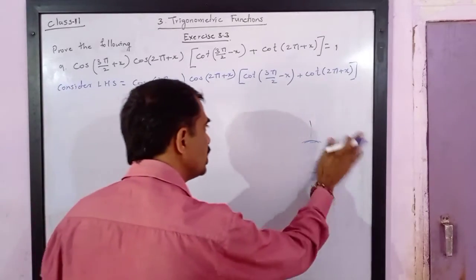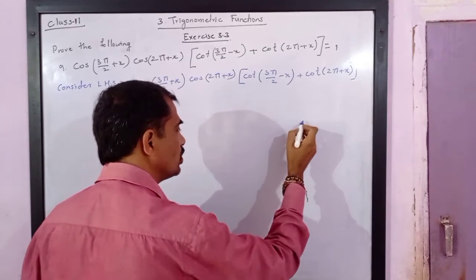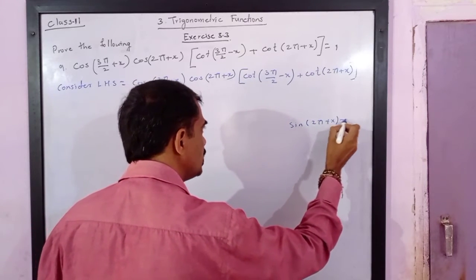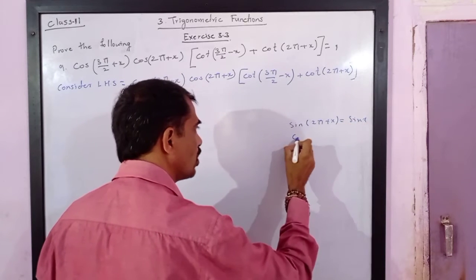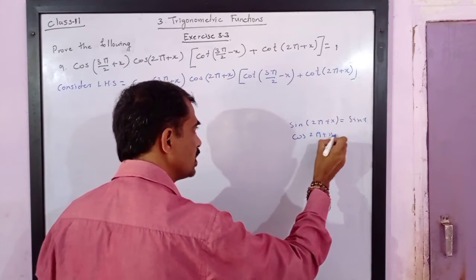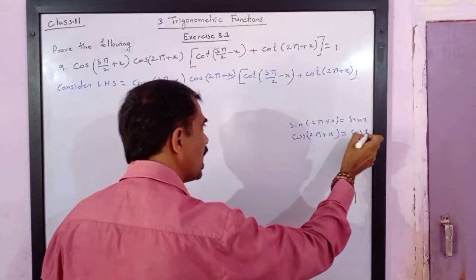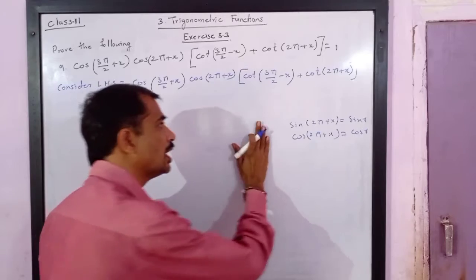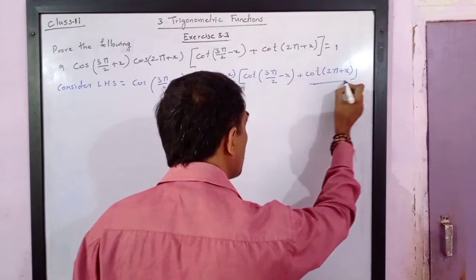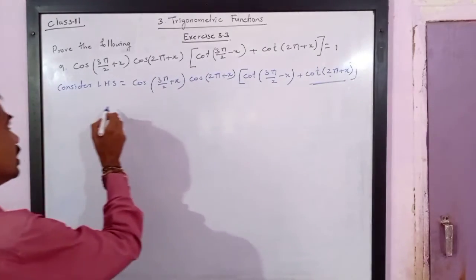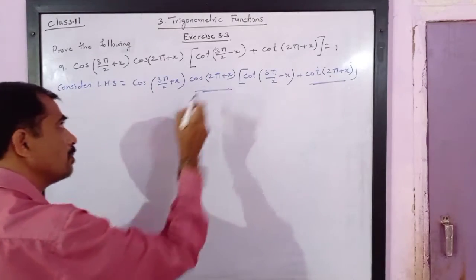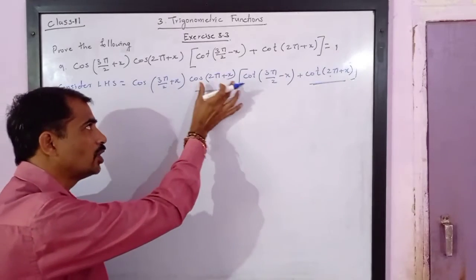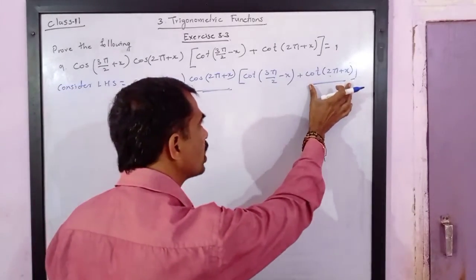It means for all the ratios, sin of (2 pi plus x) is equal to sin x, cos of (2 pi plus x) is equal to cos x, and this is true for all the trigonometric ratios. So let us see now this cot of (2 pi plus x) and cos of (2 pi plus x) are getting repeated. It means this is equal to cos x and this is equal to cot x.